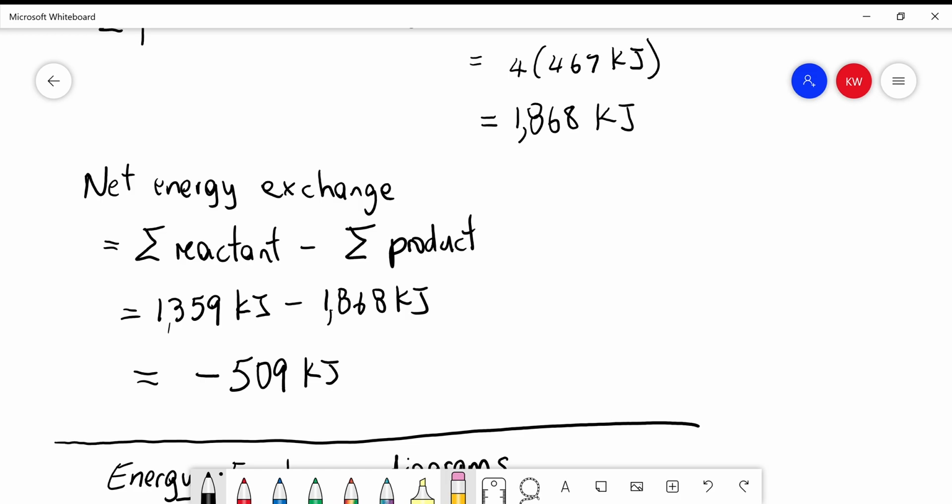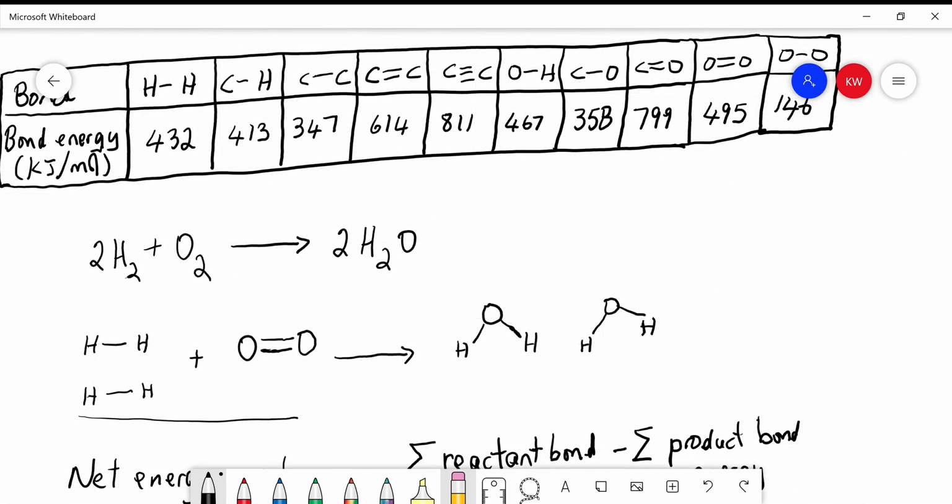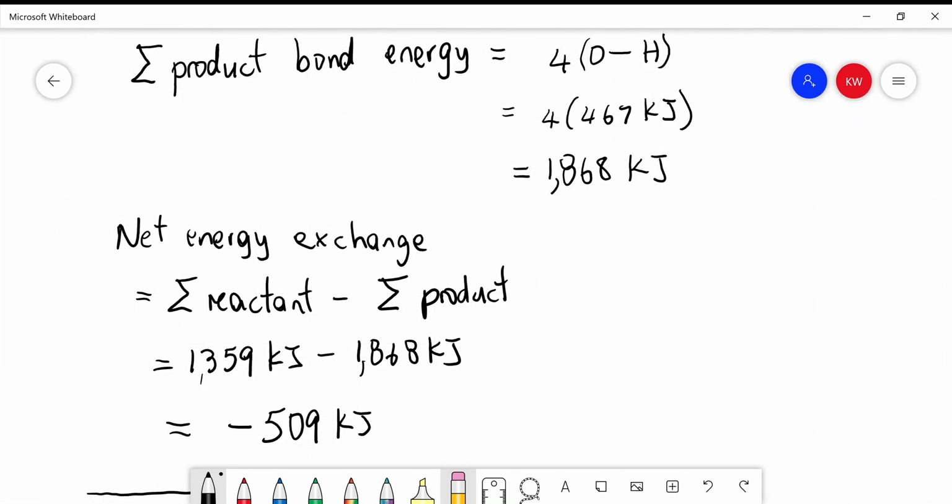So for this reaction, the formation of water, when we have hydrogen and oxygen to produce water, we have a total of minus 509 kilojoules. The negative sign means energy is given off. It's an exothermic reaction.